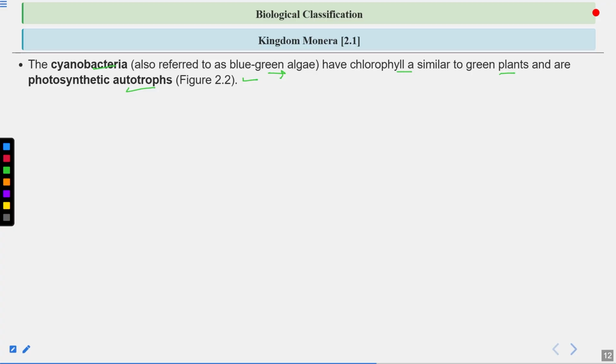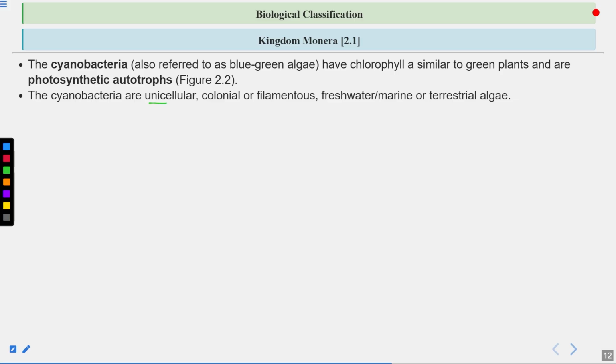So this chlorophyll A, which is quite similar to the green plants, is present in cyanobacteria also. So it can photosynthesize. It can convert light energy into chemical energy, or you can say, light energy simply into food. That's why it is known as photosynthetic autotroph. It can prepare its own food using light.